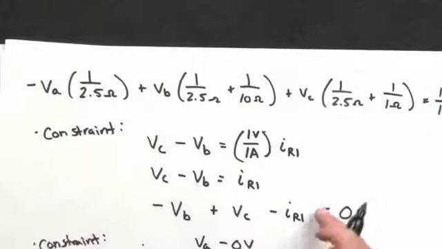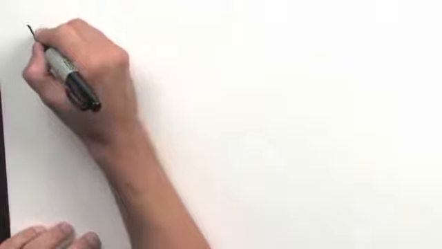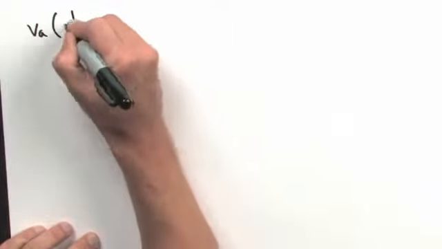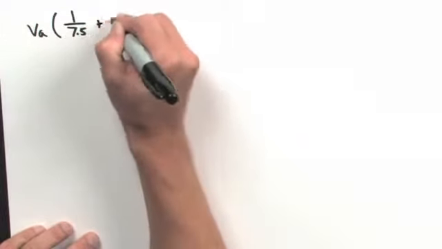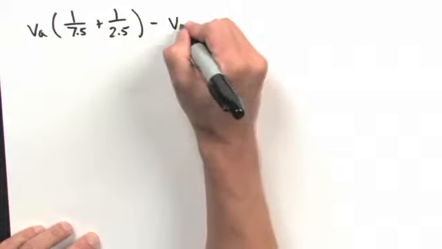And we have the two constraints that we just developed. What I'm going to do now is rewrite all of those equations in a matrix form, so you can see the final solution process.